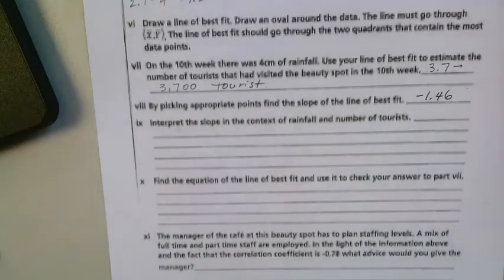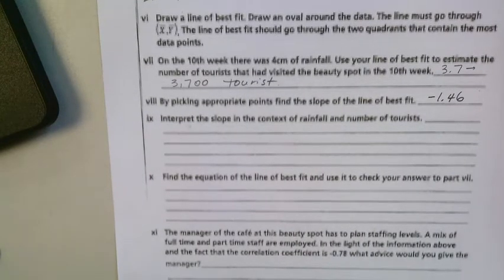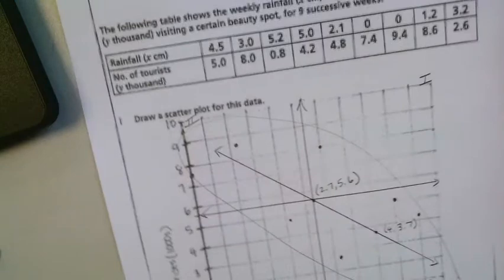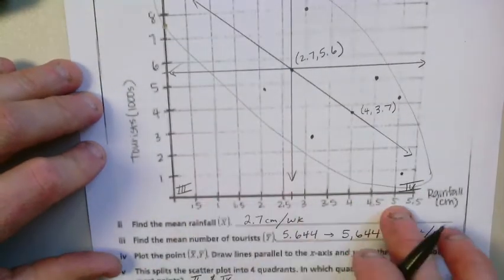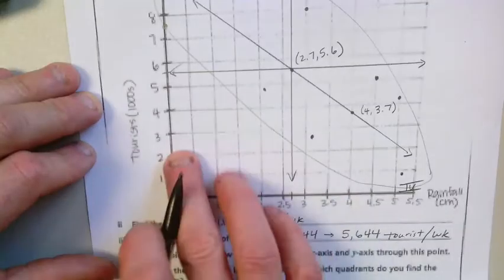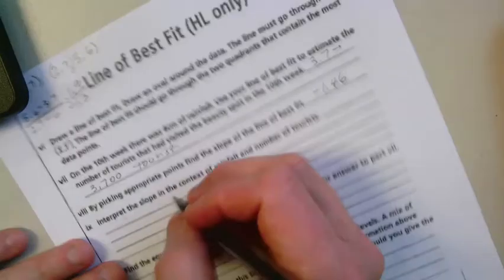That's our slope. Interpret the slope in context of rainfall and number of tourists. Now, if you think about this graph, this is the amount of rainfall, this is the number of tourists. The more rainfall I have, the fewer tourists come to this place, okay? So I'm going to say something like that.